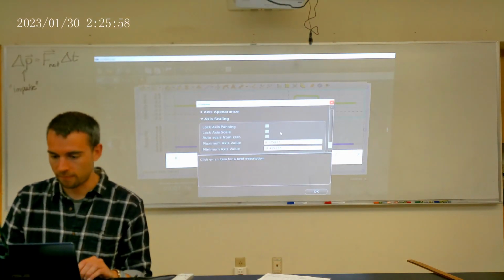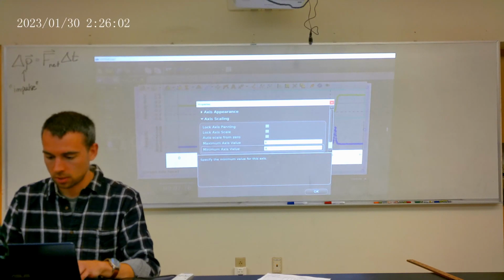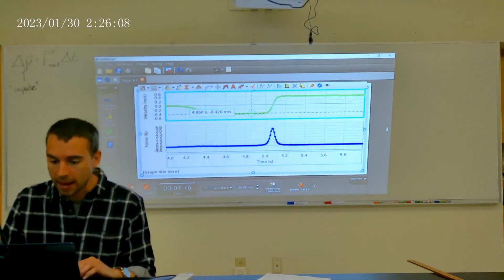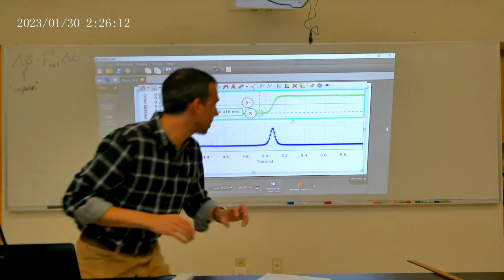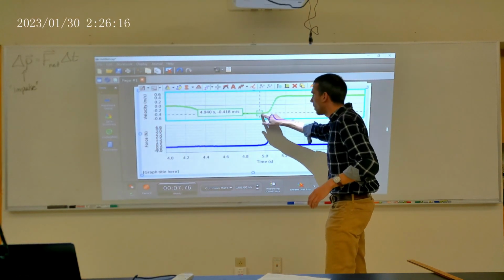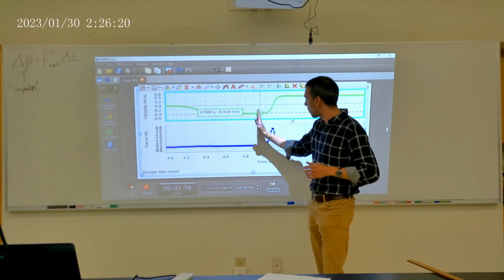Maybe I'll just go from 4 to 6 seconds, just so that we can see here for this particular example. Okay. You can see my initial velocity. Make sure that you don't select anything in this region where it's starting to change its velocity. You want to over select a little bit, so make sure that you select a point that's well before the collision.